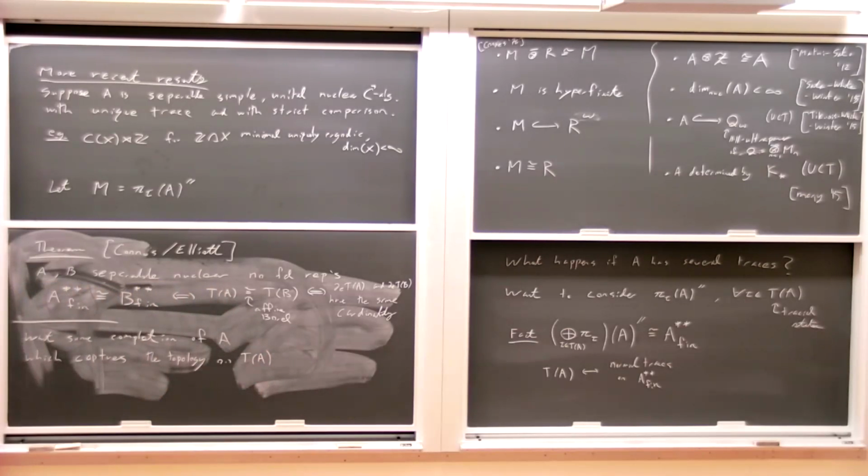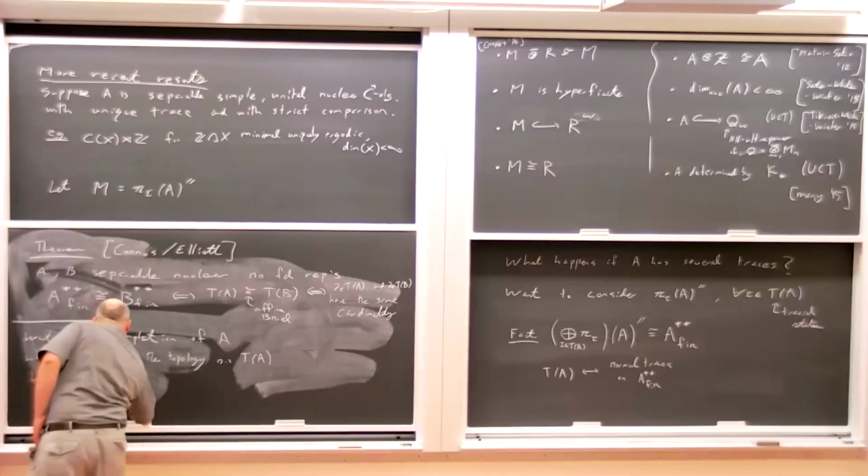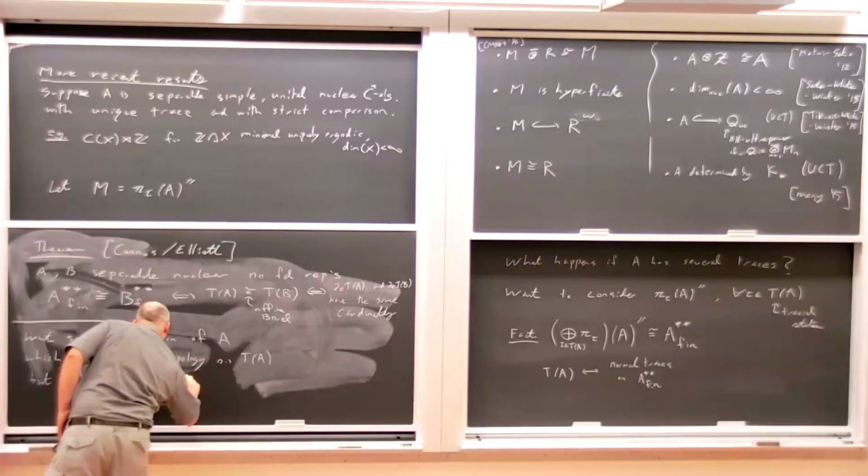Somehow it's a little bit more rigid than the finite part of the bidual, but not so much more rigid that you can't still make K-theoretic obstructions go away. You want some kind of tracial von Neumann algebraic techniques to work, but it still has some von Neumann algebra-like behavior.